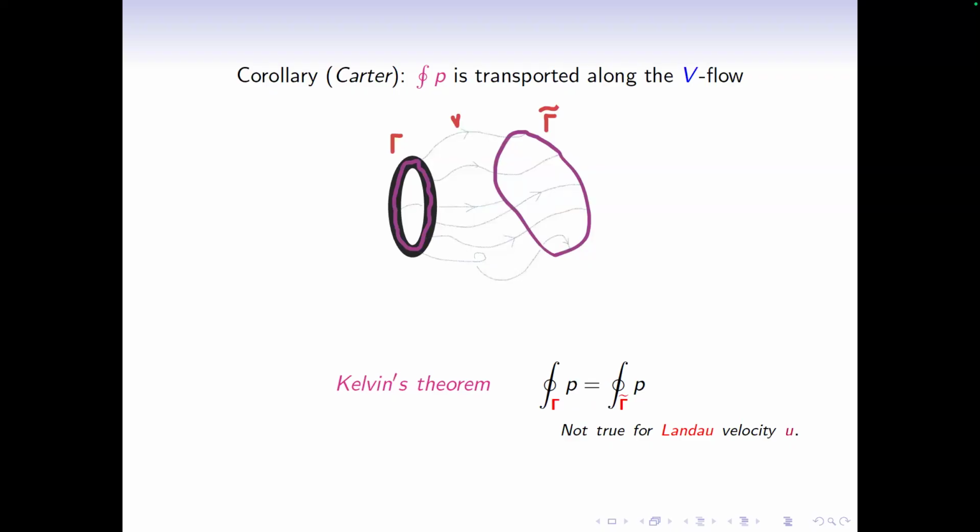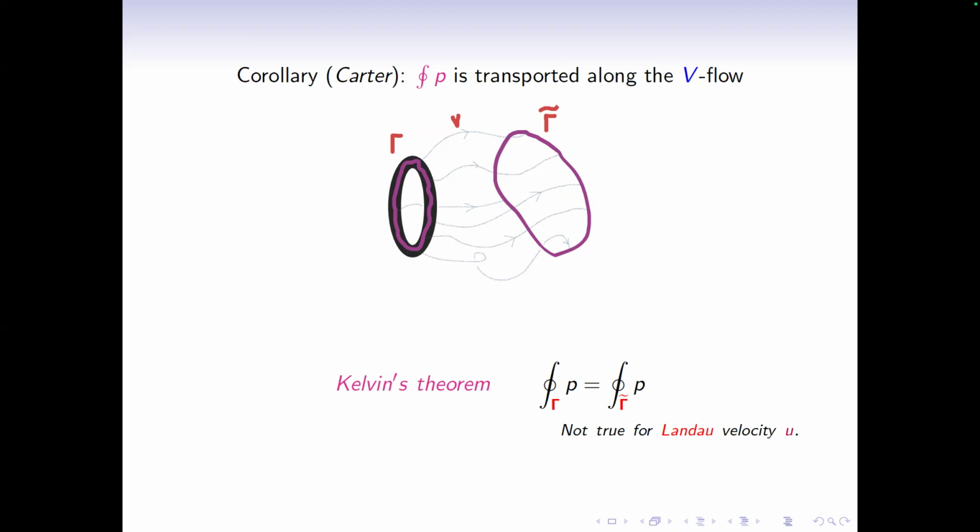And as usual in the Hamiltonian dynamics, there are canonical invariants. So the periods of the canonical one form p dq over the contours are preserved if you transport the contour by the flow. And so this is known as Kelvin's theorem, which originally was, of course, found for the Euler equations in the non-relativistic case.